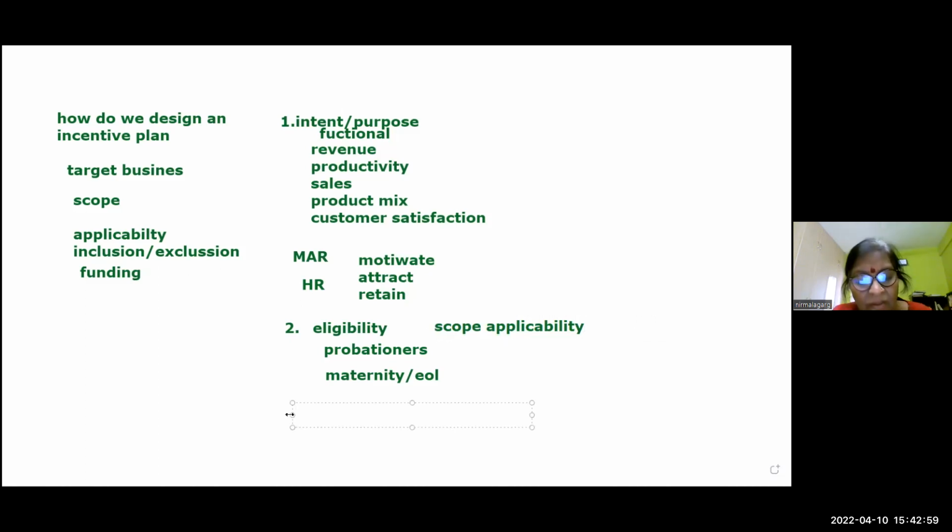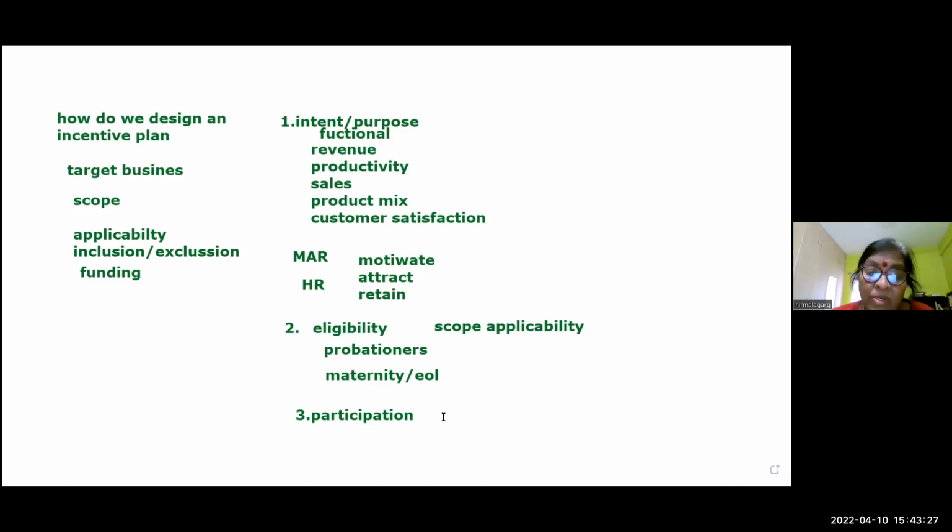Now 3. I will say then, what percentages would you want to have? You can call it applicability or participation. I typically call it how much? Because variable pay can't be the same for everybody. As I said, salespeople will have 60% of their salary as variable pay.